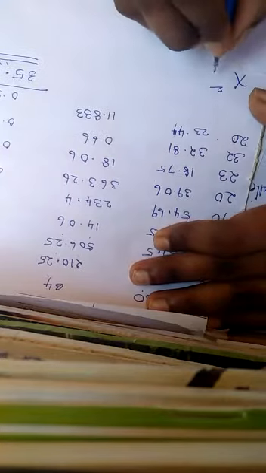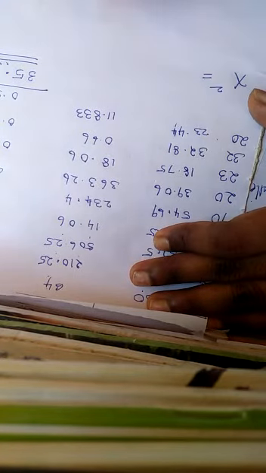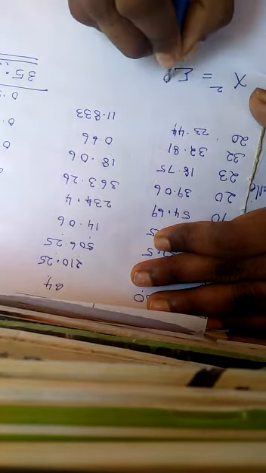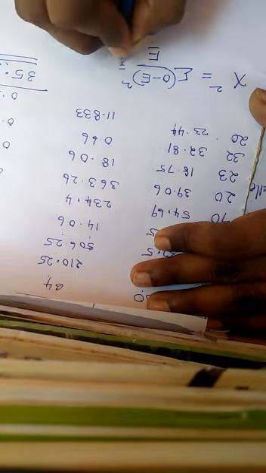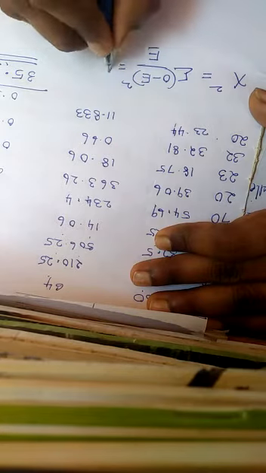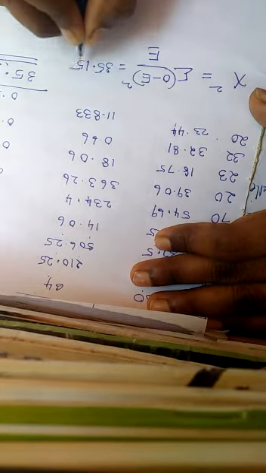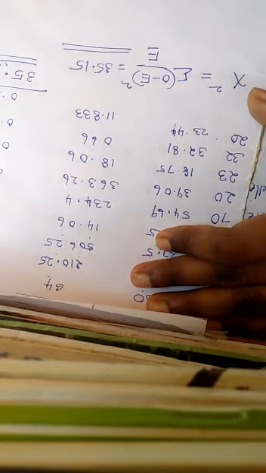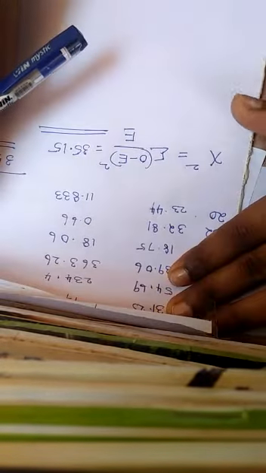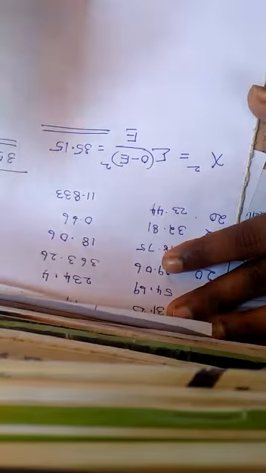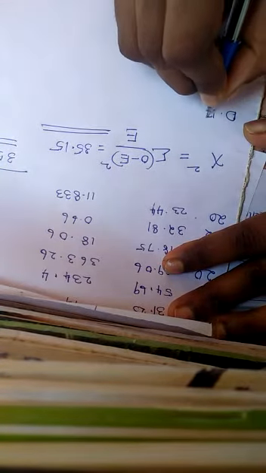This is the chi-square value. The calculated chi-square value is sigma of O minus E squared divided by E, that is 35.15. Next, you need to find the table value. First you find the degree of freedom.